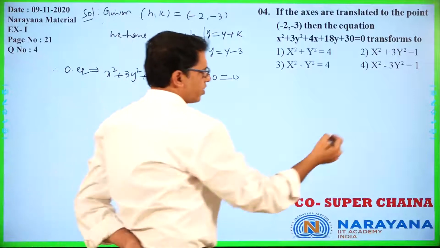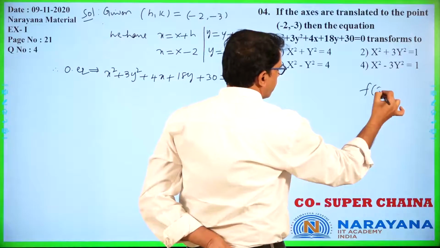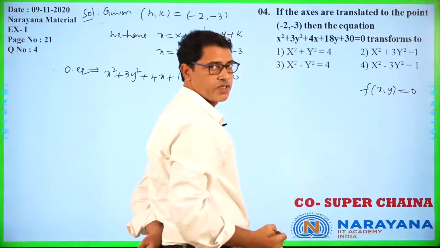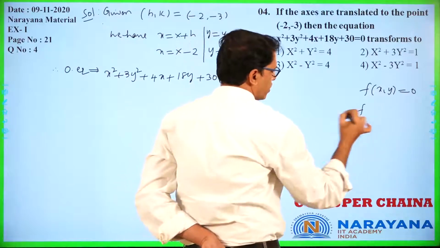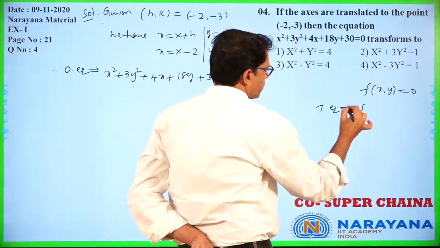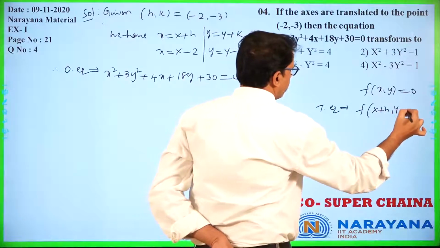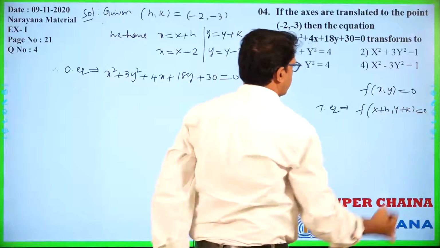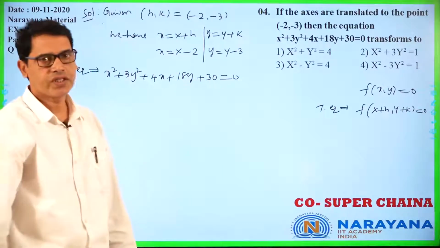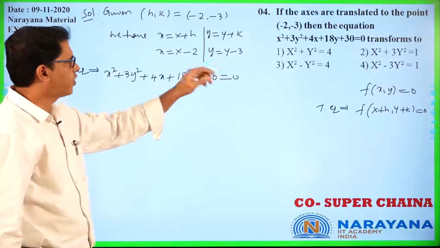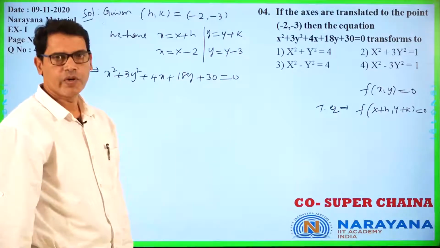Just now I said if the original equation is f of x comma y equal to 0, then the transformed equation will be f of x plus h comma y plus k equals 0. So replace x with x plus h, y with y plus k. Here x becomes x minus 2, y becomes y minus 3.